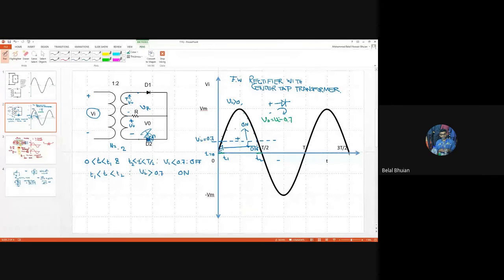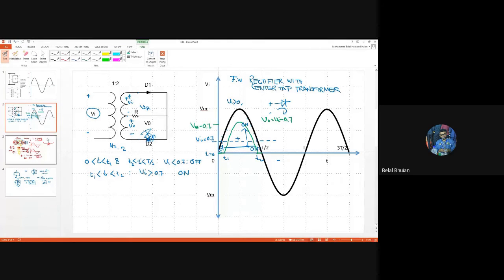So the output is going to take this shape, and the peak would be, if Vi is equal to Vm, Vm minus 0.7. So that is the output for the positive half cycle.